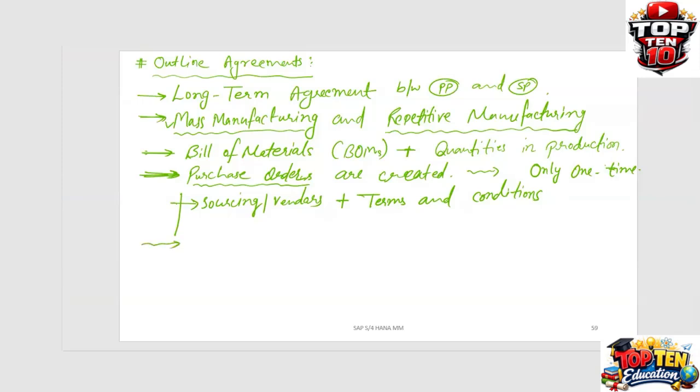Now going further. As we discussed, outline agreements are long-term agreements. For what kind of requirement? There are actually two types of requirements. Number one, materials for which the requirement is there, but the time of delivery is uncertain, meaning we don't know the time of delivery.